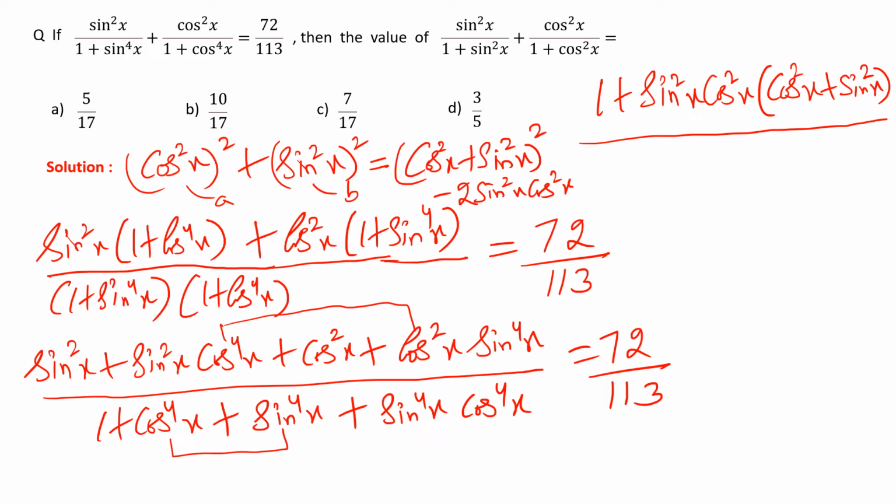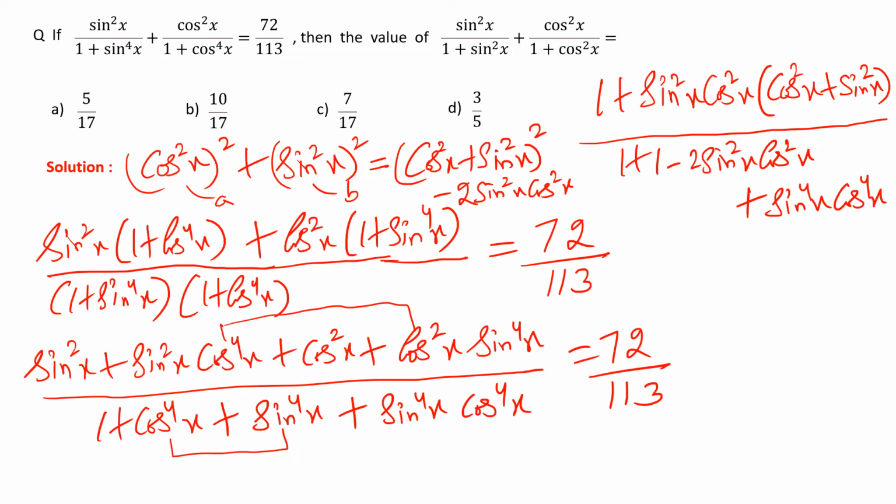Or I can write this as 1 minus 2 sine square x cos square x, because cos square x plus sine square x we know is already 1. So that means now the denominator of the expression becomes 1 plus 1 minus 2 sine square x into cos square x plus sine x power 4 into cos x power 4.